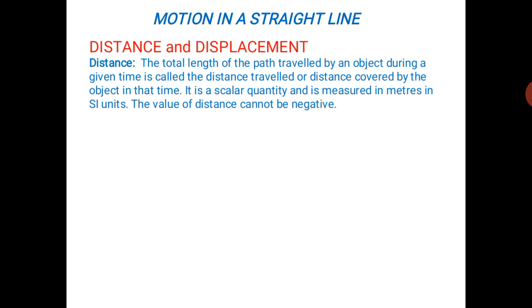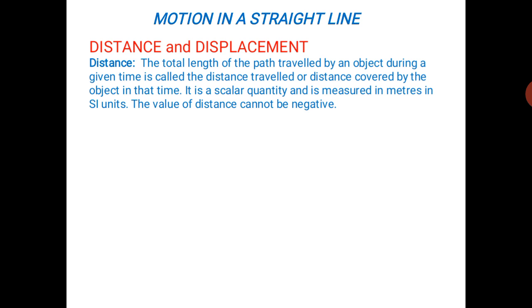Then how to measure the distance, meaning how that body is moving? You have to measure the length of its path. Then you will get the distance. And the distance is a scalar quantity and its SI unit is meter.